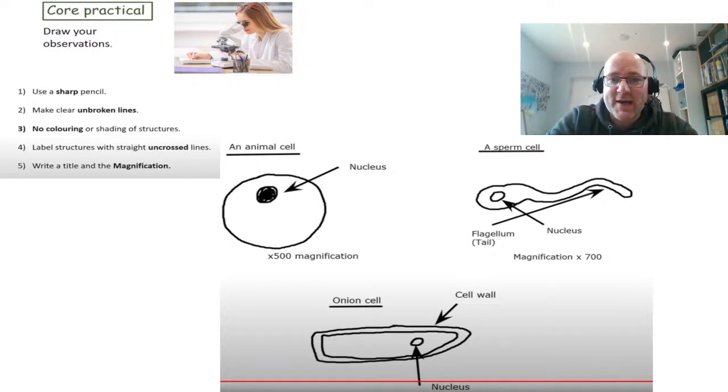What's the mistake in all 3 of these microscope drawings? Anyone spot the mistake in these 3 microscope drawings? There's a different mistake in each microscope drawing.